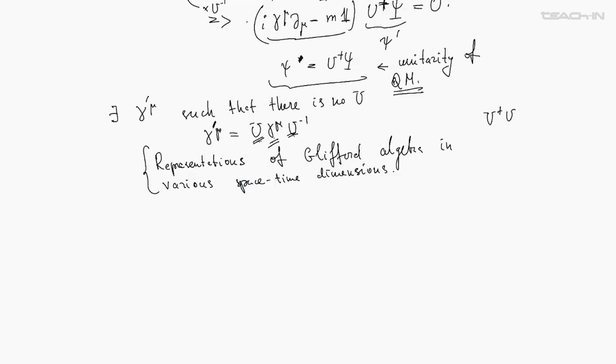Take any of them. Make such a transformation on gamma mu. And then you will find gamma mu primes satisfying absolutely the same relations as the original matrices gamma mu. Maybe I don't understand your question. You have written here that there is no unitary transformation. No. I'm not saying there is no U. I'm saying that all gamma matrices which you can have realized in the Clifford algebra are related to each other by some unitary transformation.